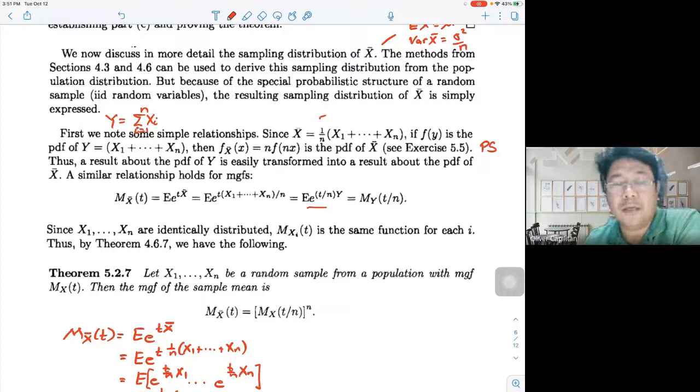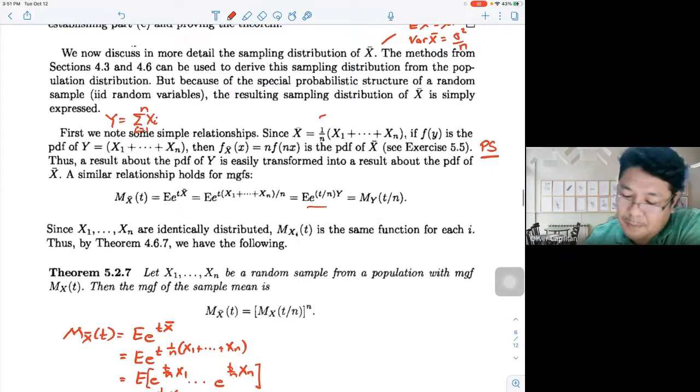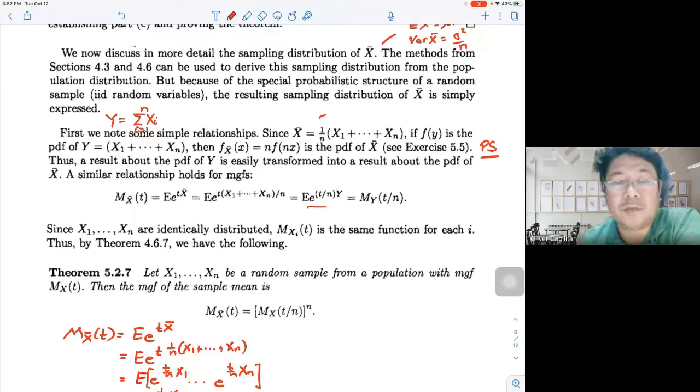If we have f of Y as the PDF of Y here, then the density function of X bar would be equal to n times f of Y evaluated at n times x. Okay, so another problem in the problem set, try to prove that this statement is true.